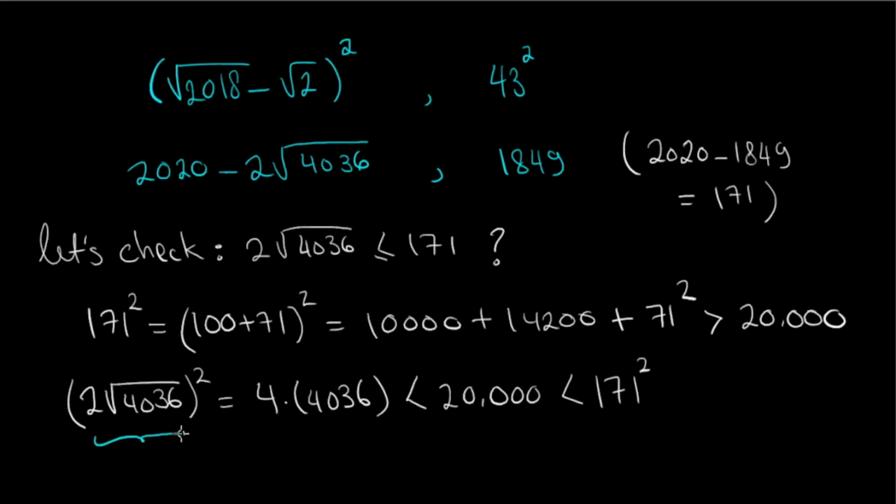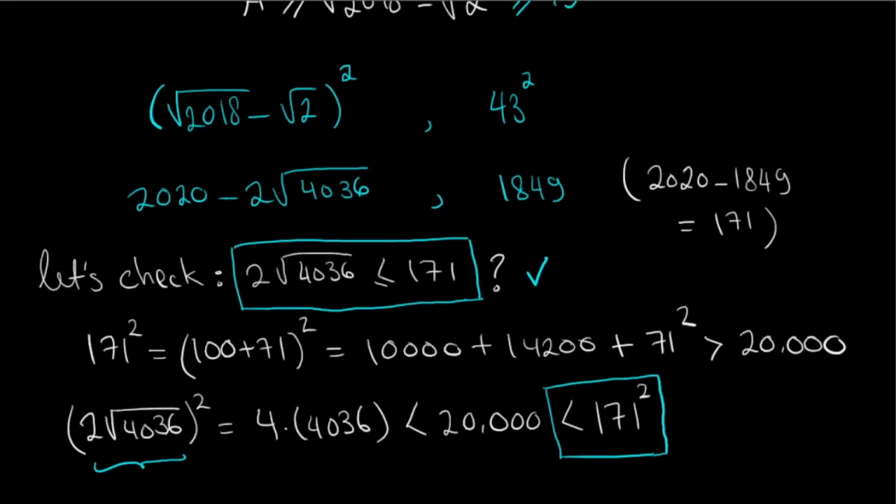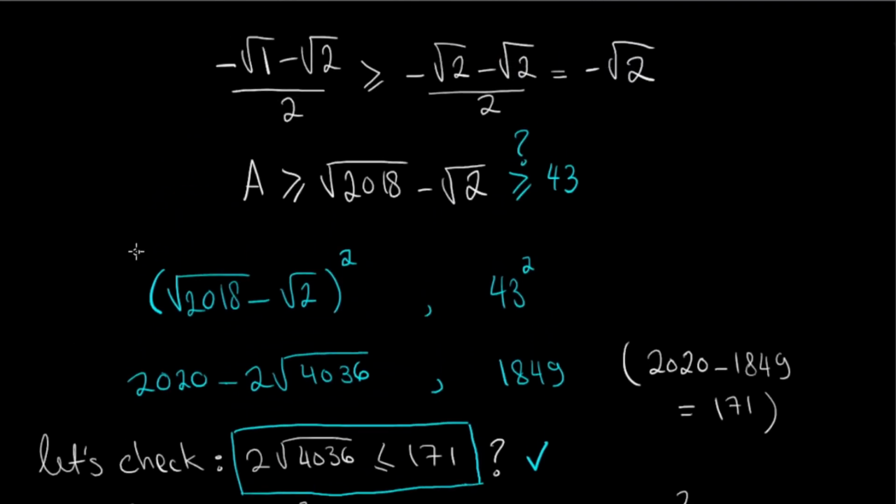So we found that the inequality is true here, and this also means that the above is true, that square root of 2018 minus square root of 2 is bigger than or equal to 43. And so we also found that a is bigger than or equal to 43.